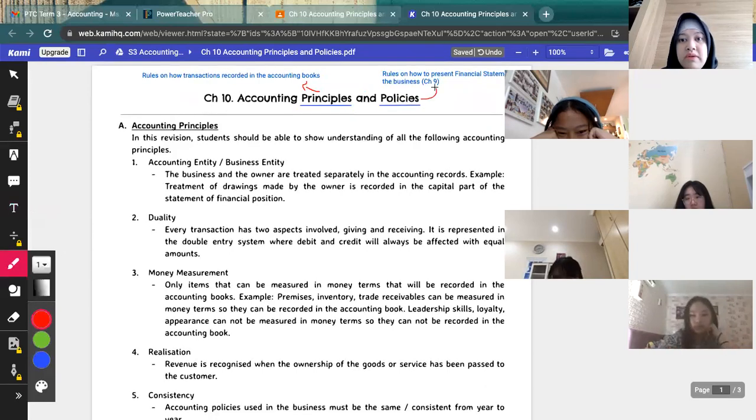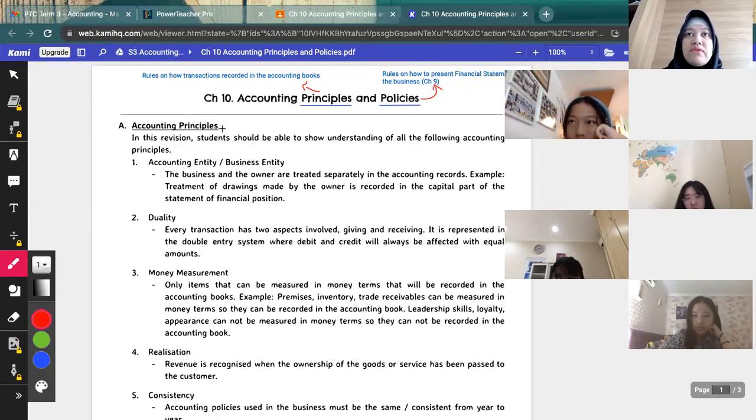Okay. Now, let's start on learning about accounting principles. Accounting principles, I actually summarize all the information in the books into a very easy sentence for you to understand.